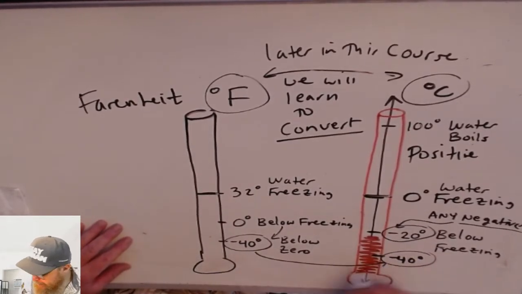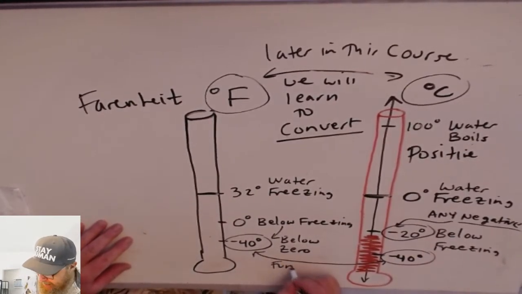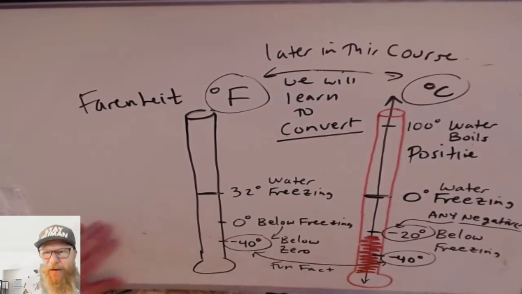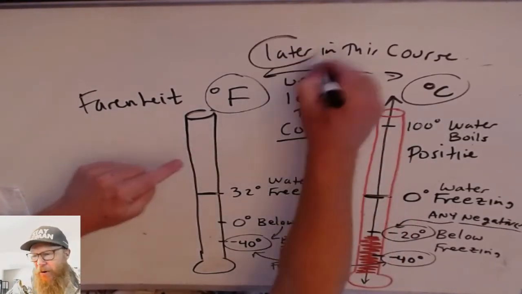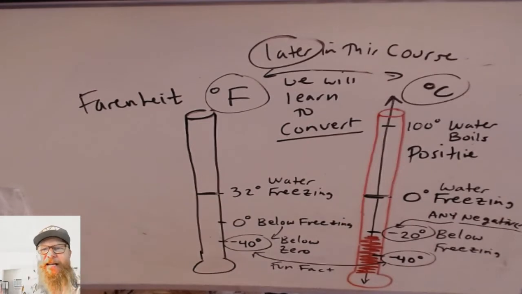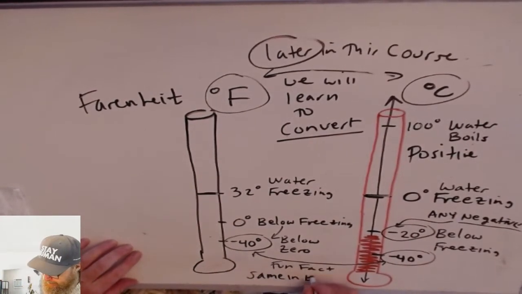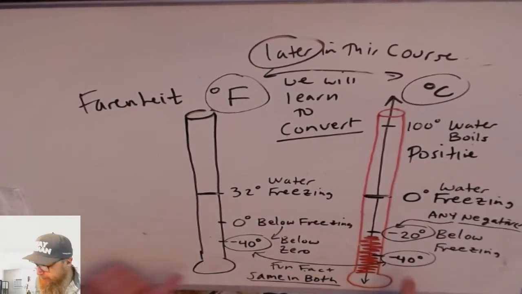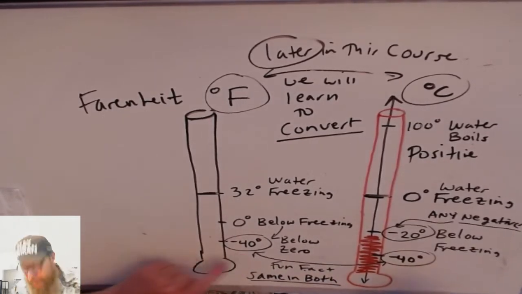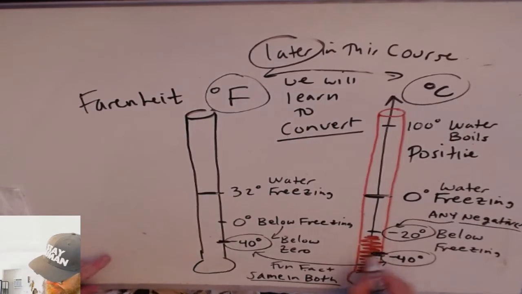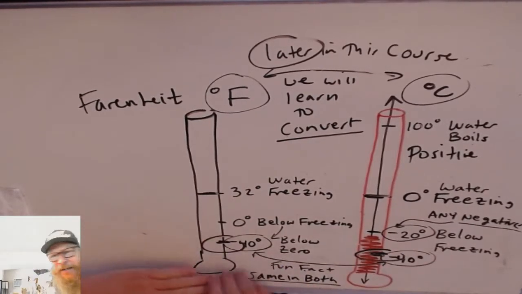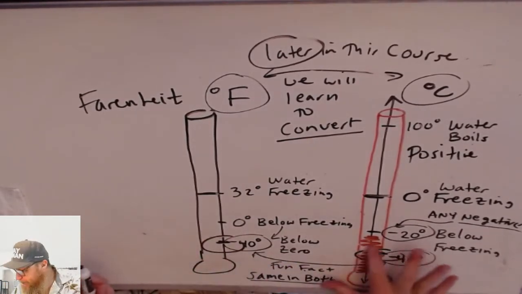A neat little fun fact, though: negative 40. I will demonstrate this later in the course, of course, but I just can't resist saying it. Negative 40 is the same in both. Negative 40 is the only temperature that is exactly the same in both scales.